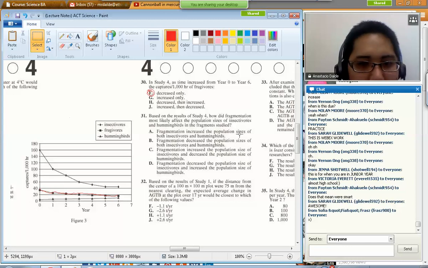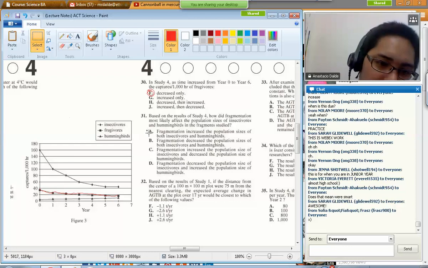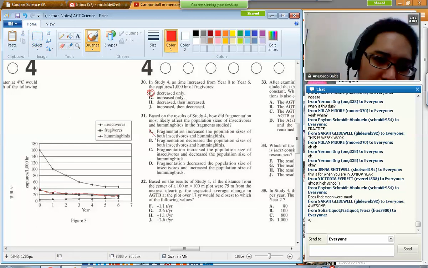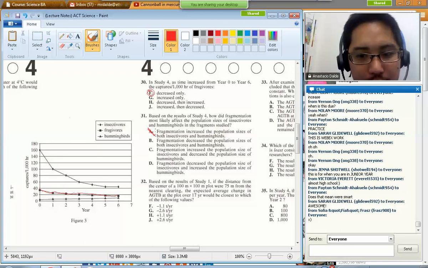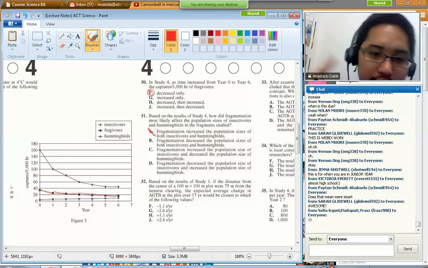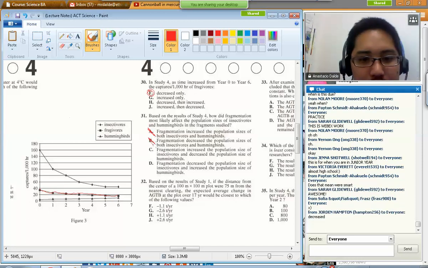So, it increased the population sizes for the insectivores and hummingbirds. No. The insectivores went down drastically. The fragmentation decreased the population of both insectivores and hummingbirds. No. The hummingbirds actually went up. The fragmentation increased the population size of the insectivores.